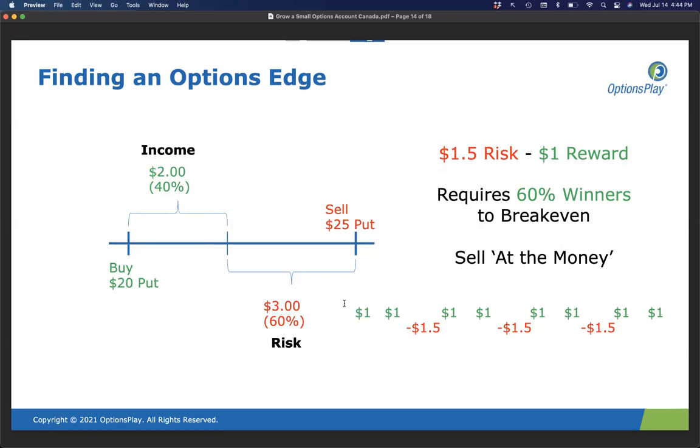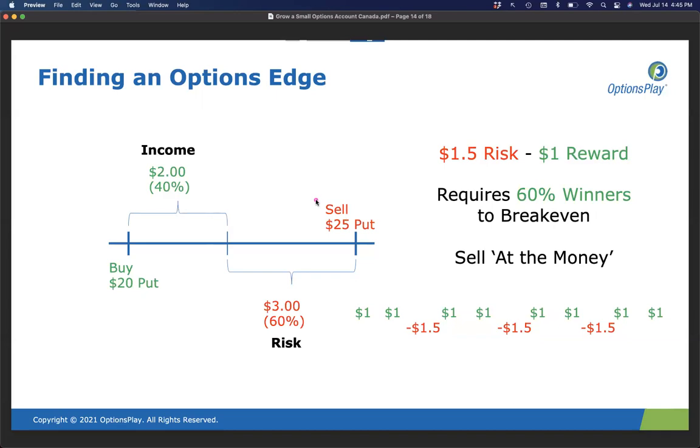So if you win $2 twice and lose $1.50 once, you're going to net come out as a positive. And this is the goal that you want to reach as you become more experienced, as you trade more of these strategies, and you start looking for these types of opportunities that provide you with an edge.